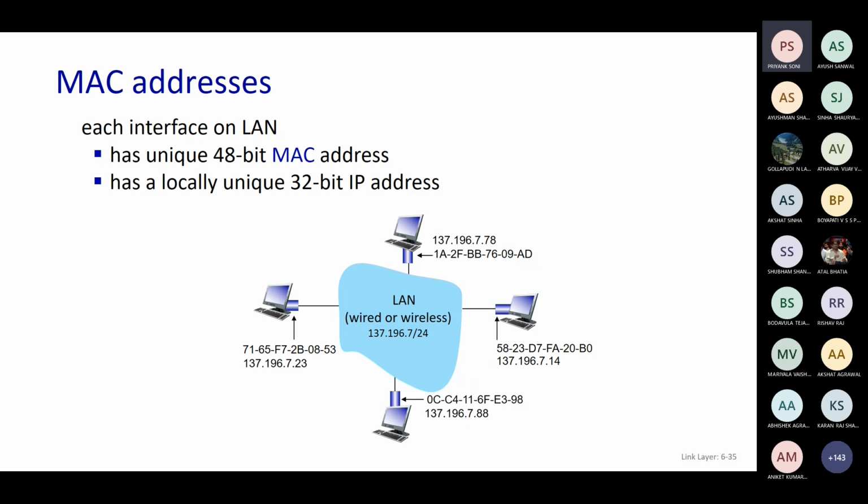We have a locally unique IP address because, as we have already studied with the help of NAT, locally we can have a unique set of IP addresses, but for the outside world it can be represented as just a single interface with the help of a NAT router.